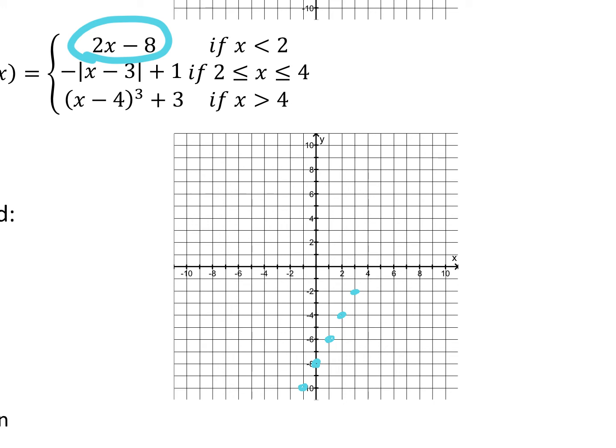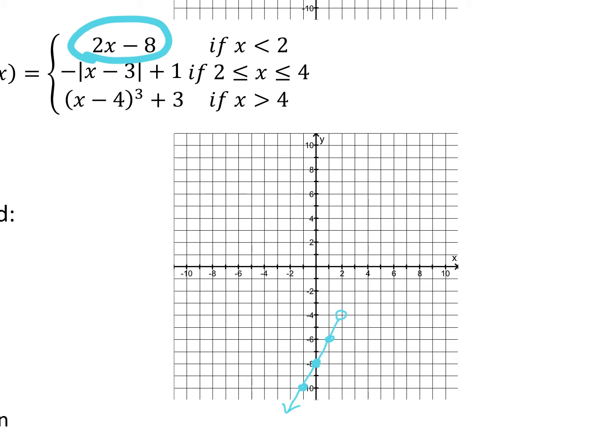Left. I want the less than chunk. So that means I erase anything past 2. What kind of dot do I want it to start with at 2? An open dot. So I'm going to make that dot I have right there an open dot, and I'm going to connect my dots headed off to the left there. How'd we do getting our first piece?